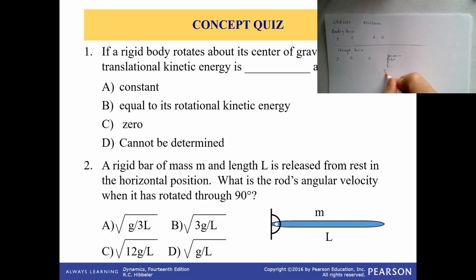So we can apply the principle of work and energy: kinetic energy initial plus the work done equals the kinetic energy final. We are looking for the angular velocity omega at this point.